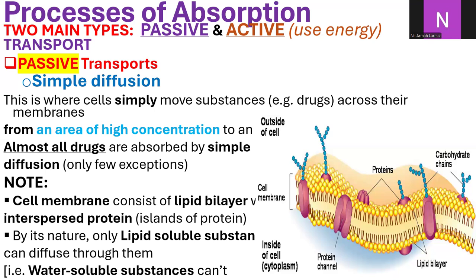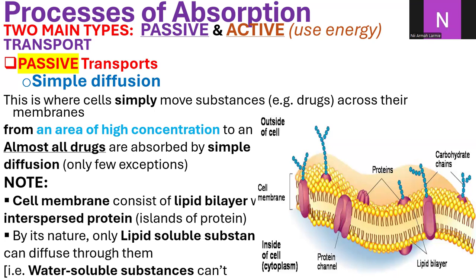And because it is lipid in nature, drugs that are lipid are those that are able to cross by this simple diffusion method. In other words, only lipid-soluble substances can diffuse across the lipid layer of the biological barrier, which means if our drug is a water-soluble one, it requires another method.